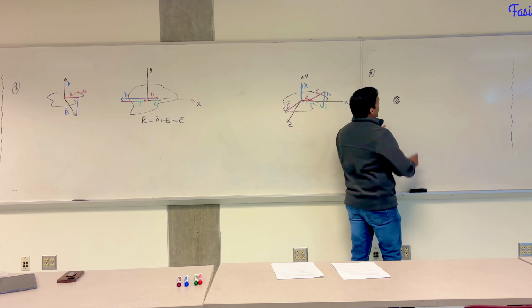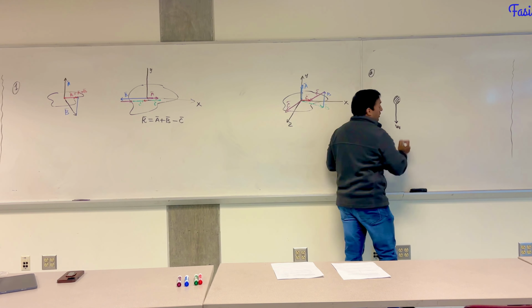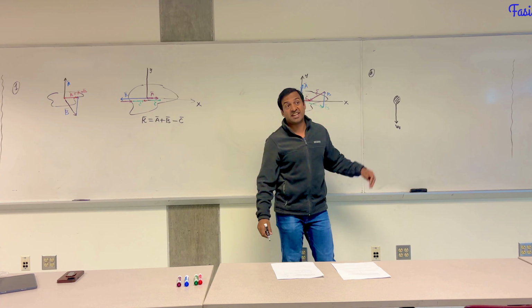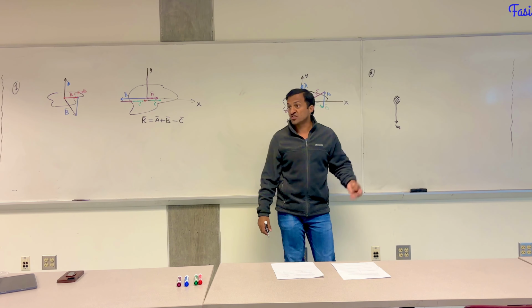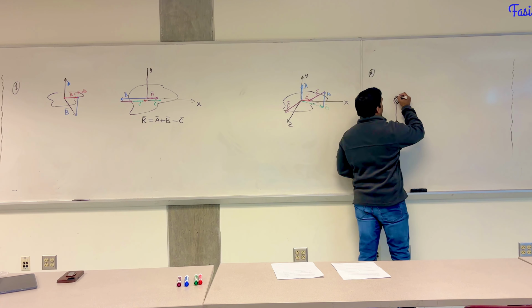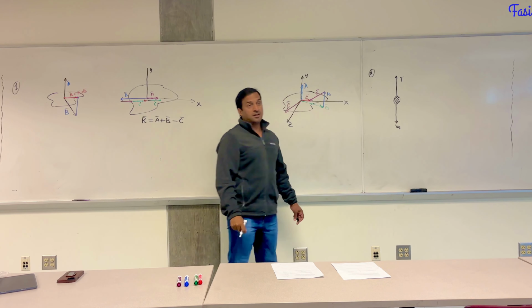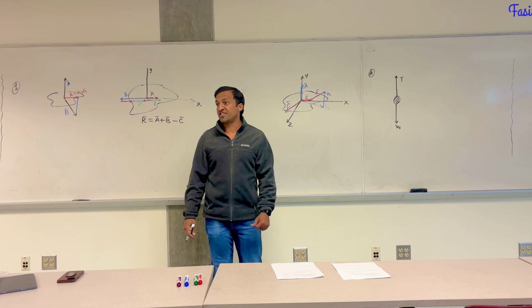It has weight in the downward direction. All objects have weight. But they say it's being lowered at a constant speed by a steel cable, so there's a cable attached on the other side. There's a force which the cable is exerting on this crate. This force is called tension.